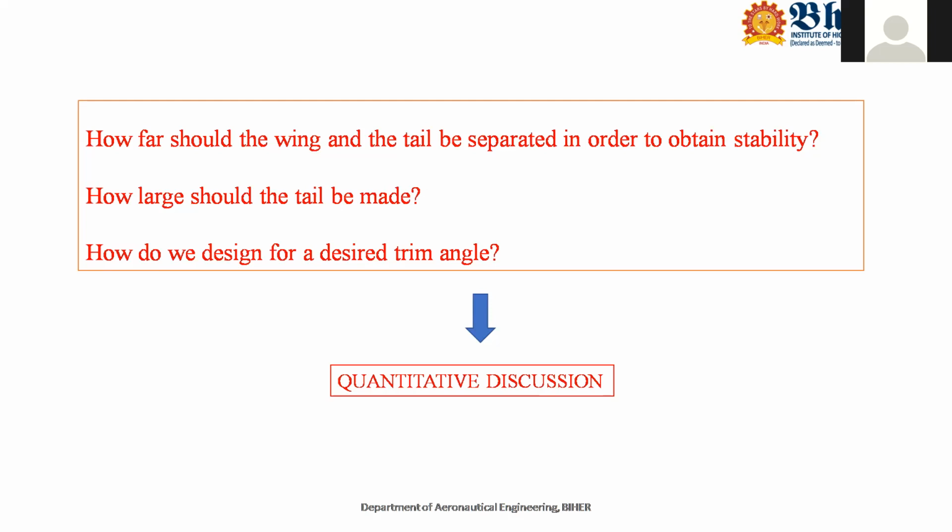And what about the dimensions of the tail? We mentioned that the trimmed angle of attack should fall within the range of the maximum and the minimum angle of attack. But what is the range? What is the desired value of the trimmed angle of attack? These are all going to determine the quantitative parameters.